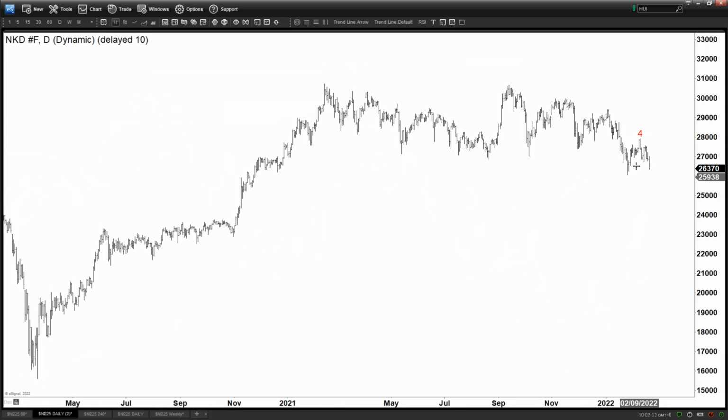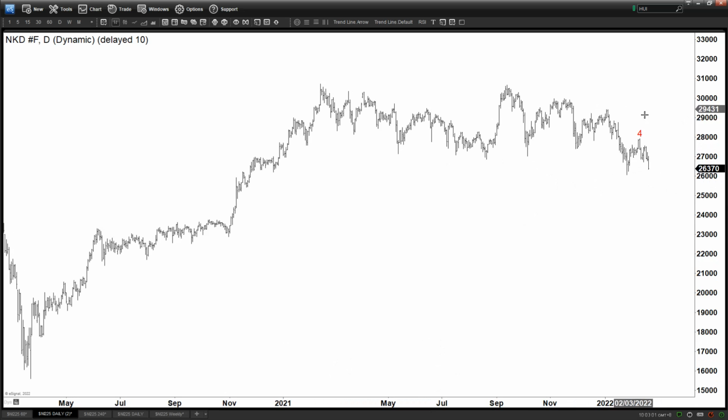So based on this alone, we can try to figure out what exactly is the structure in the larger degree just by one label here, right? If this is a 4, that means this has to be a 3 here, and if this is a 3, then most likely this is a 2 and 1, and so we're talking about a 5 waves down from November 2021.